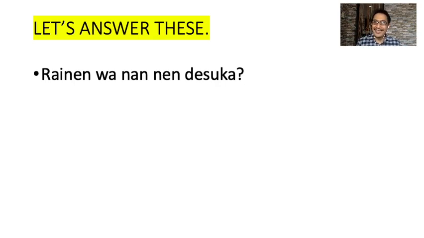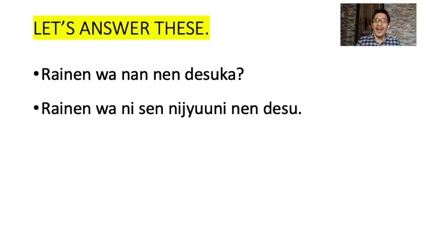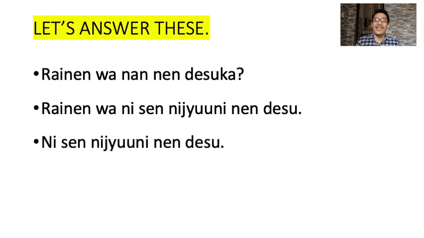Are you done? Okay, great. So the correct answer is 来年は2022年です. Or you can also say 2022年です. So you can go with a shorter version, especially if you are just in a casual conversation.